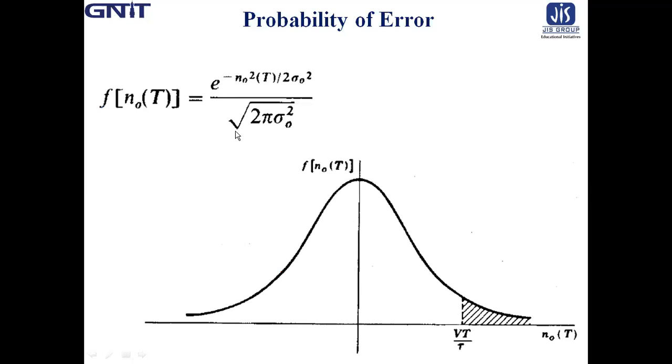We have seen the probability density of the noise sample n0(T) is Gaussian.